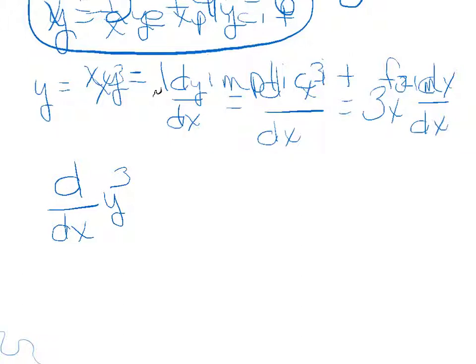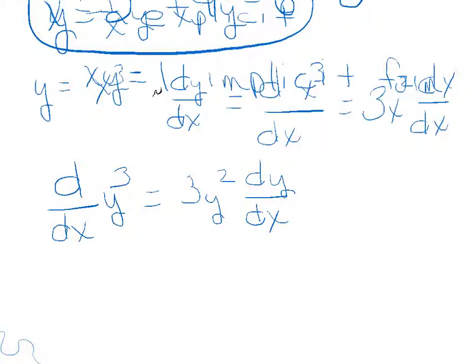We take the derivative of y cubed, which is 3y squared, and then we have to take the derivative of y with respect to x. So your answer here is 3y squared dy dx.